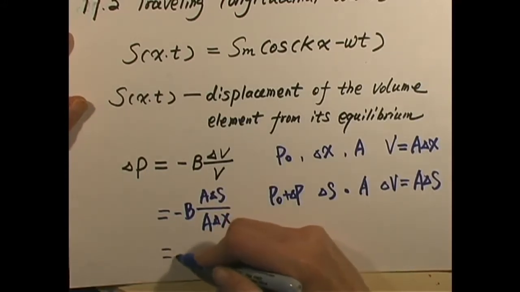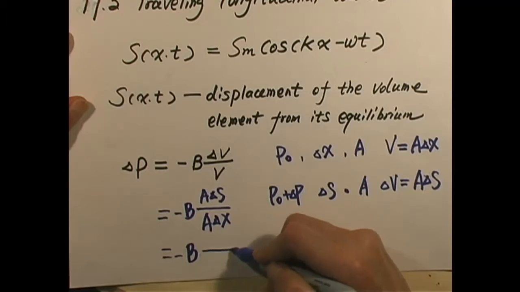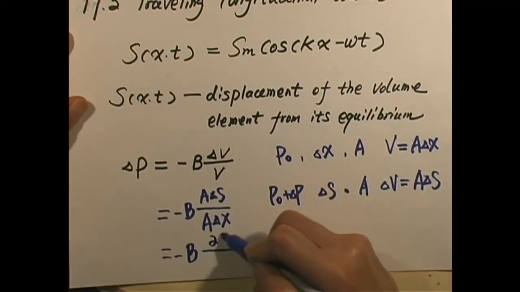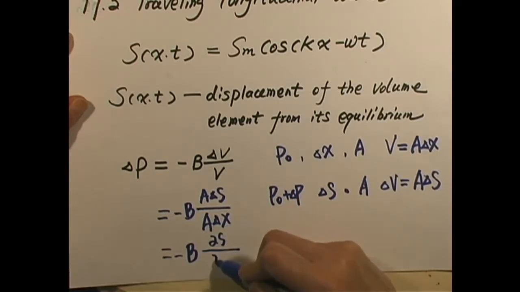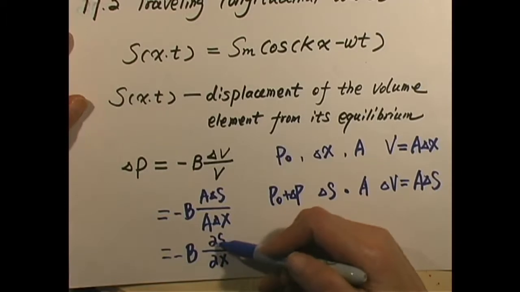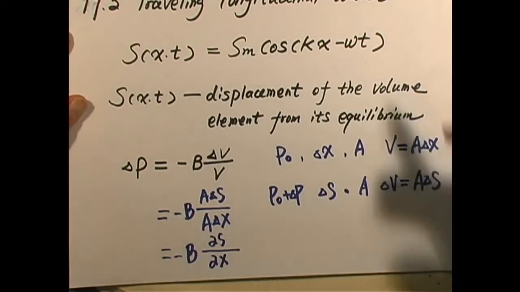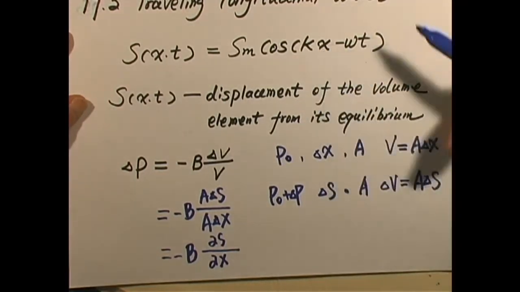Therefore, we have negative bulk modulus, the cross-section area A cancels, delta S becomes partial S, which means change, and delta x is partial x. This also means change of position, change of displacement. Now, mathematically, this is the same as taking the derivative with respect to change of x.